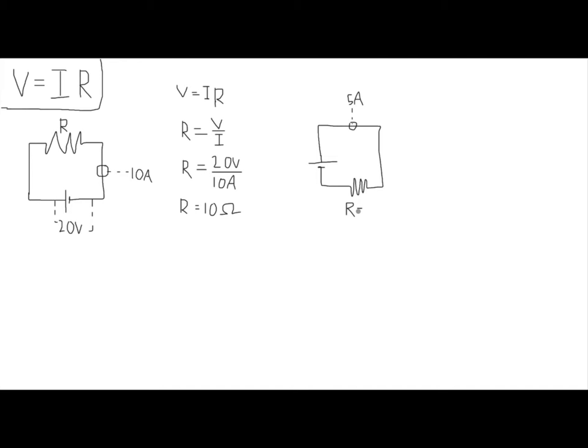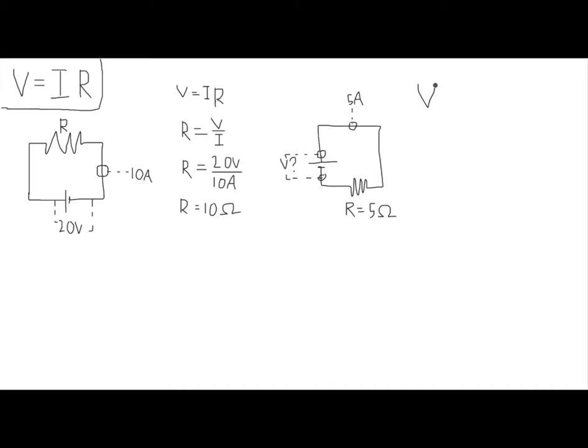The resistance of this resistor is going to be equal to 5 ohms. And what we're asked to do in this problem is find the voltage across the cell.